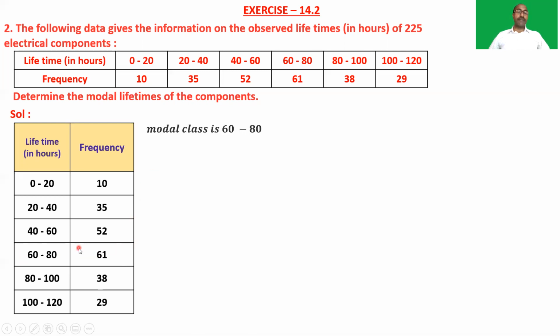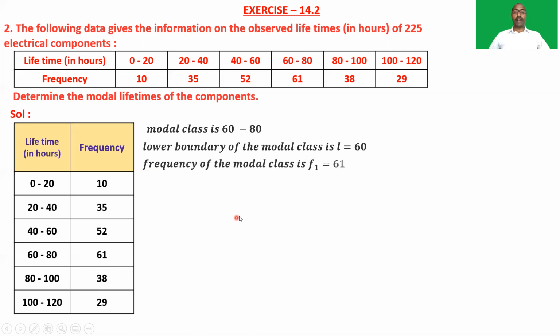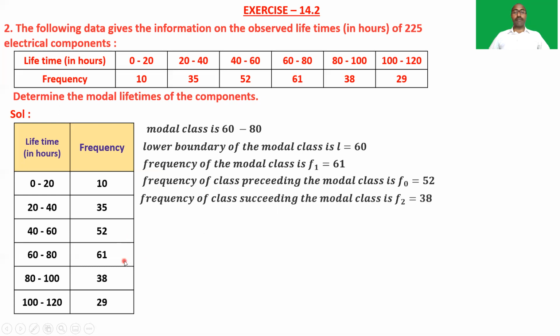Now the frequency of this modal class is f1 equal to 61, and the lower bound of the modal class is l equal to 60. The frequency of the class preceding the modal class is f0 equal to 52, and similarly the frequency of the class succeeding the modal class is f2 equal to 38.